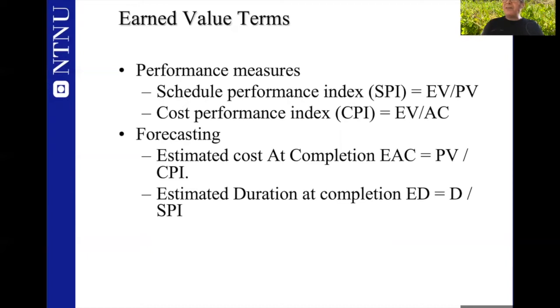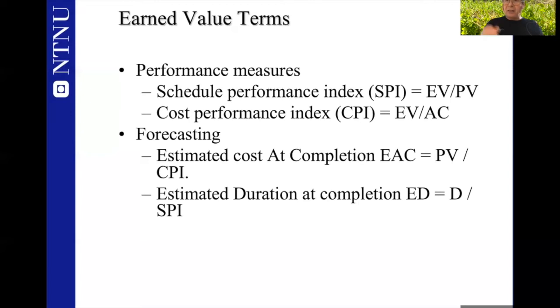So this is our first indicator, the Schedule Performance Index, which we sometimes call the Time Performance Index. The second indicator we have is the so-called Cost Performance Index. The Cost Performance Index doesn't look at time, it looks at money.